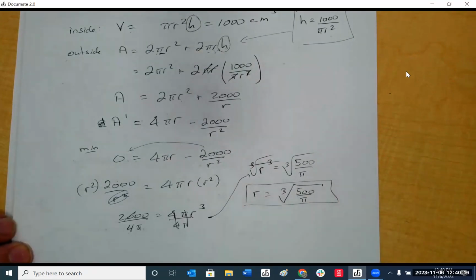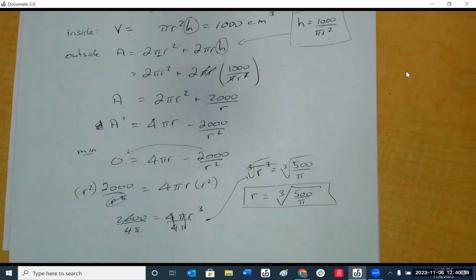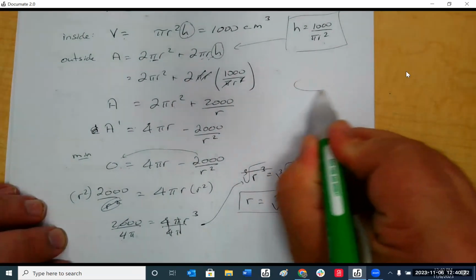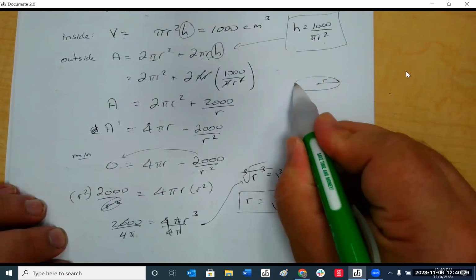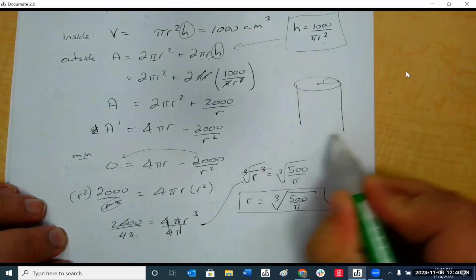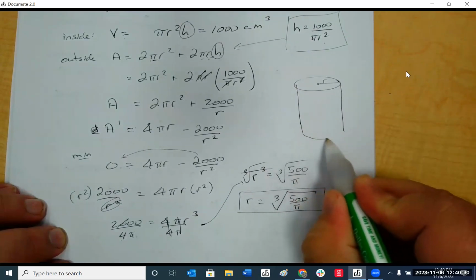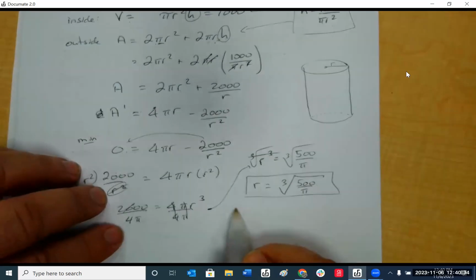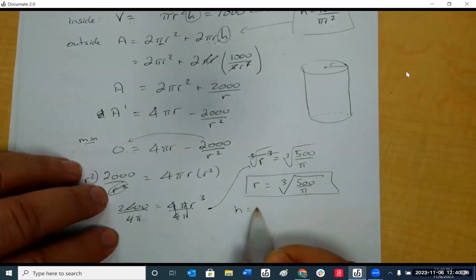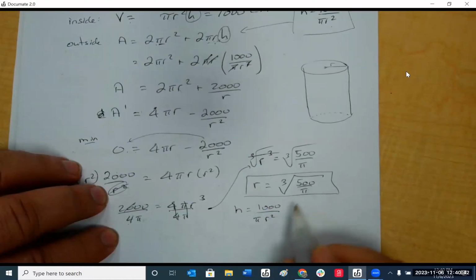That's going to give us the minimum. So we have the radius. Now we just need the height. And the height was 1,000 over pi r squared.